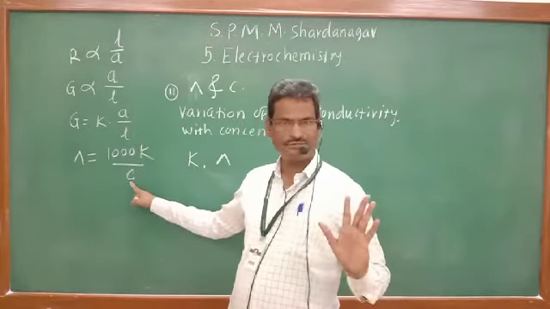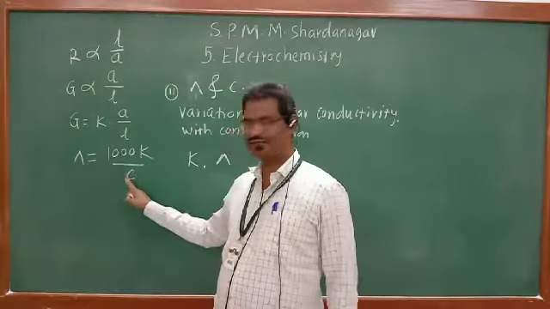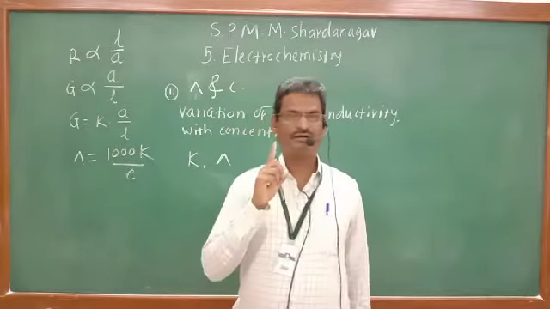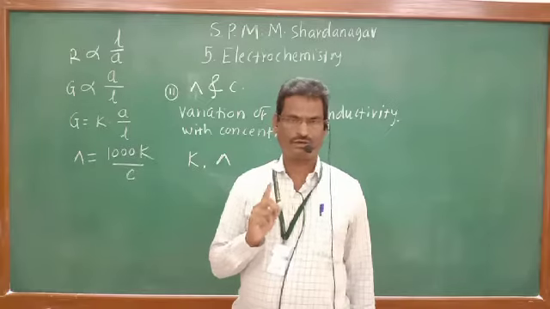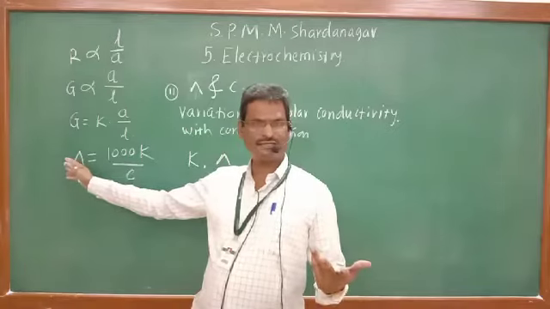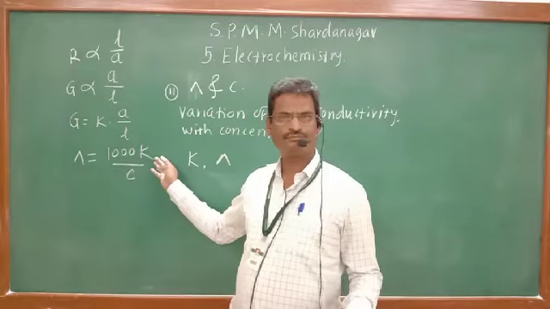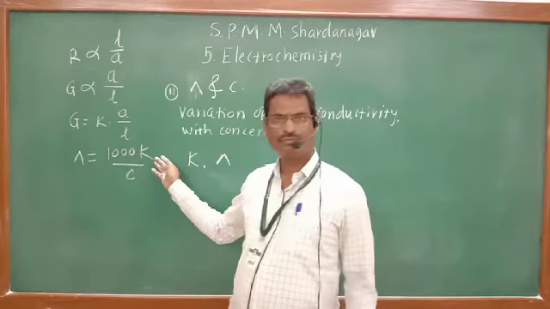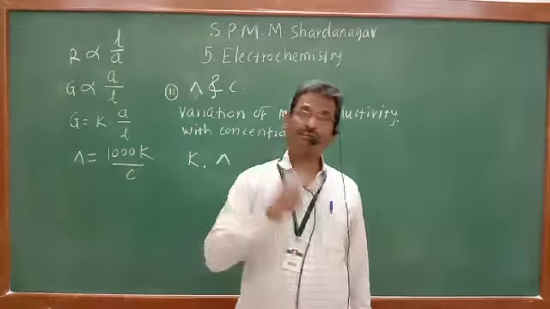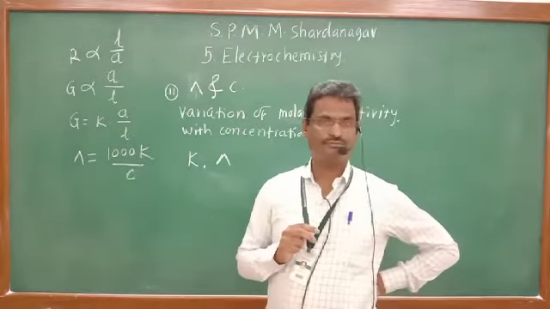So theoretically, you will easily come to know the relation between capital lambda and C, where capital lambda and C are inversely proportional to each other. Because if C is taken on the left side, there is multiplication. So capital lambda into C is nothing but K, constant. And any two terms of which multiplication is constant, they are inversely proportional to each other.